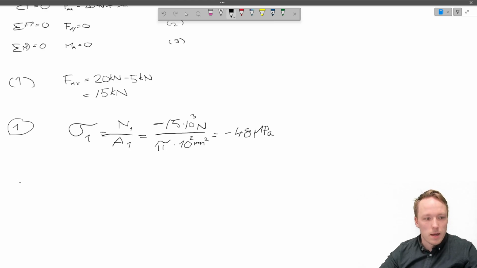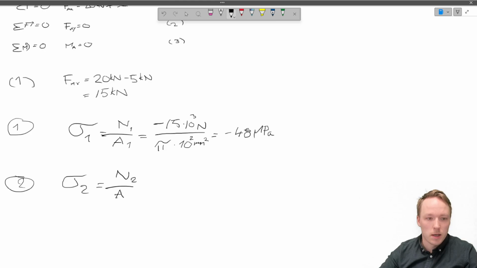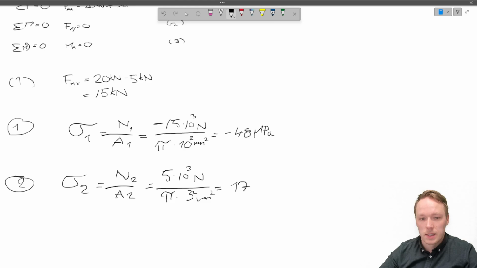Right? And then for the section 2 we do the same thing. Sigma 2 equals to normal force at section 2 divided by the cross-sectional area at section 2, which will be 5 times 10 to power 3 newtons divided by pi times 3 power 2 millimeter power 2 equals to 177 megapascals.